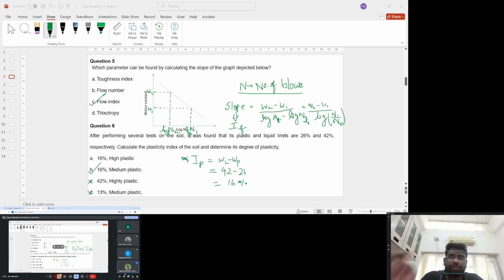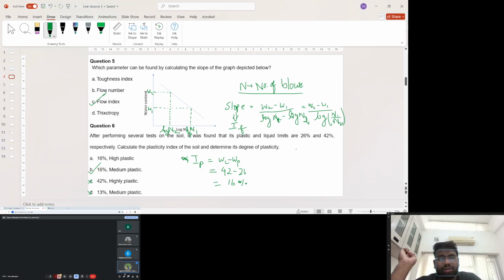Right now, you can remember that classification of plasticity is usually done using liquid limit and plasticity index. All right, so the right option is 16% and medium plastic, because the liquid limit is not greater than 50%.